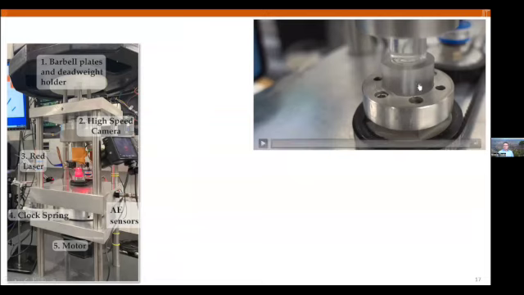I forgot to mention that the top sample is typically hollowed to avoid a point in the center which does not have any linear velocity, right? Then we typically use high-speed cameras to record what happens on the fault, especially when we use transparent materials.